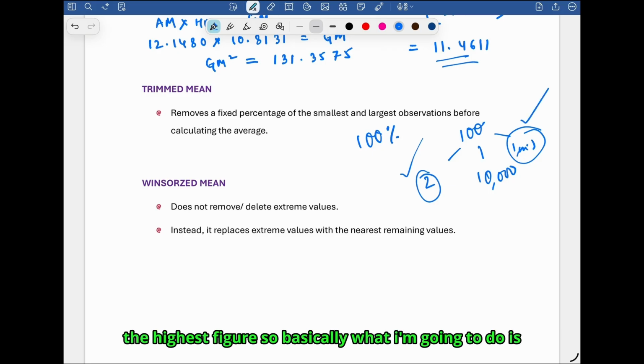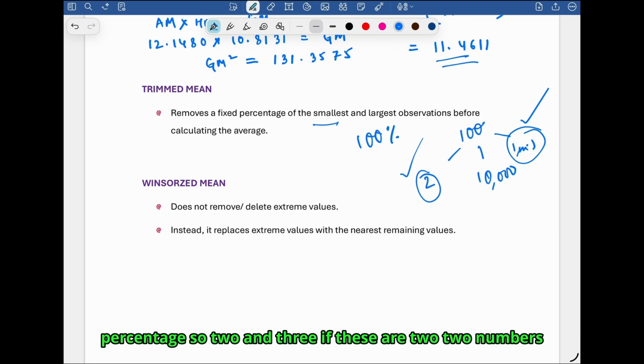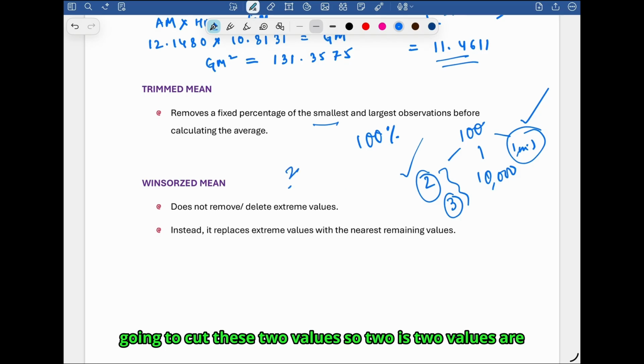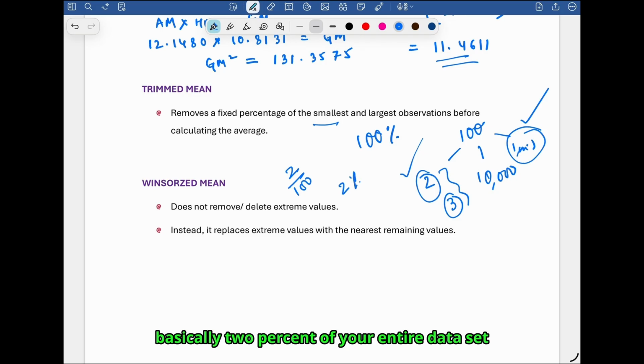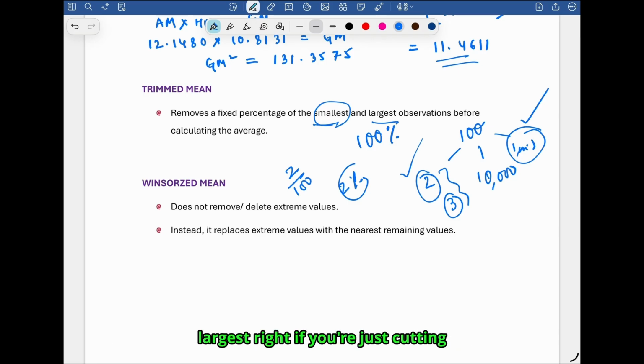So basically what I'm going to do is cut a certain percentage. So 2 and 3, if these are two numbers which are very, very low in value, I'm going to cut these two values. So two values are basically 2% of your entire data set. So you're cutting 2% of the smallest. Similarly, largest, right? If you're just cutting this 1 million, you are cutting 1% of your observation.